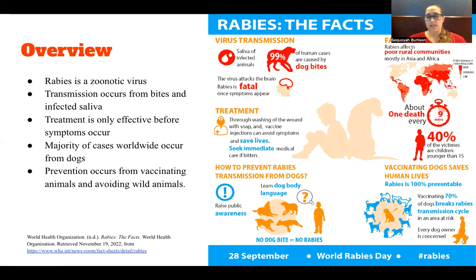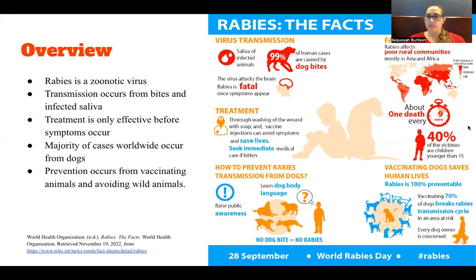To treat this immediately, first it is good to wash out the wound with soap, and then as soon as you can, get to a hospital to get treated with a series of vaccines. Again, to prevent this is to vaccinate other animals or to just avoid wild animals in total.